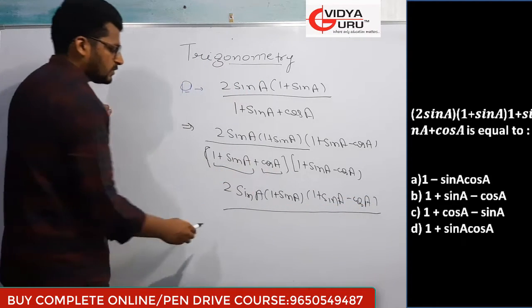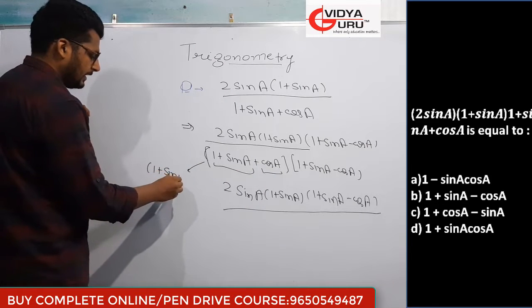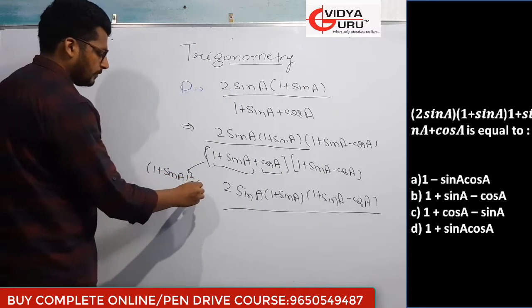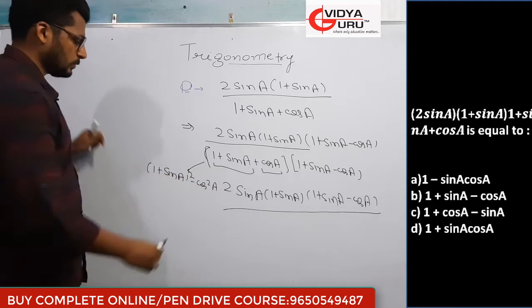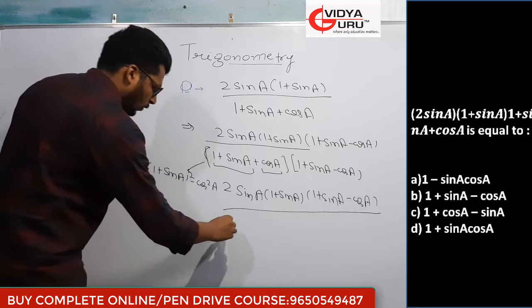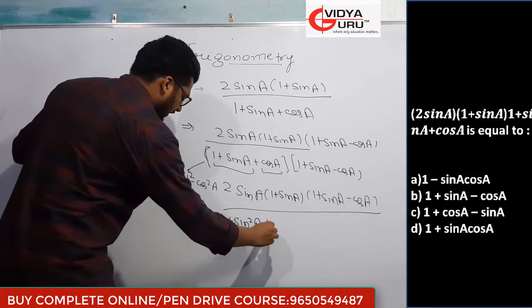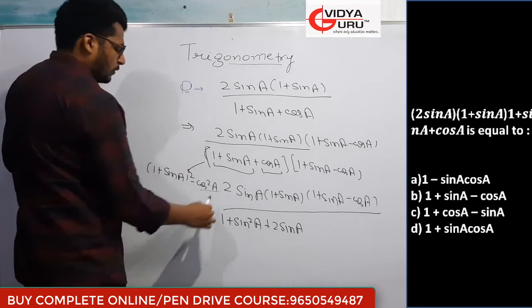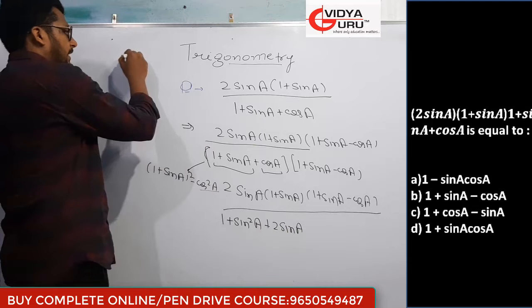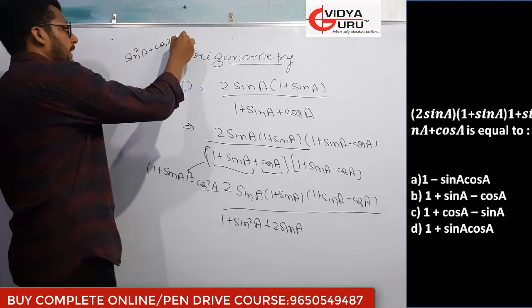A square minus B square, that means it will form 1 plus sin A whole square minus cos square A. So if I open the whole square, it will be 1 plus sin square A plus 2 sin A, and cos square A can be written from sin square A plus cos square A is 1.